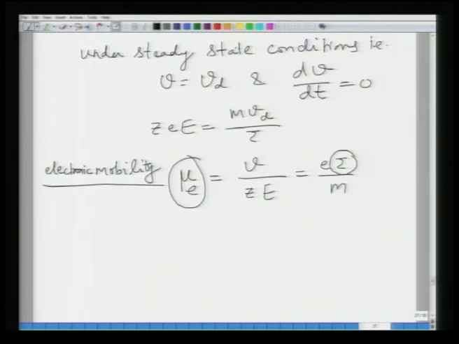Mobility is nothing but velocity divided by force, and this becomes, from the previous relation, e tau divided by m.